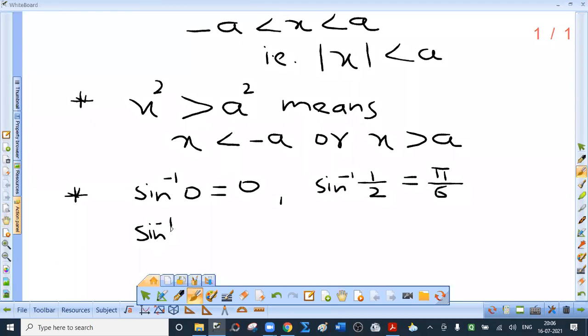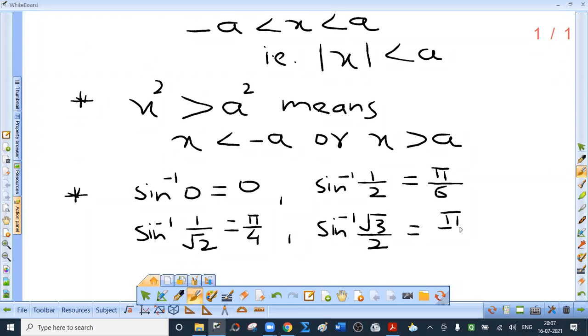What is sine inverse 1 upon root 2? It is the angle whose sine ratio is 1 upon root 2. That angle is pi by 4. What is sine inverse root 3 by 2? Can you tell me the angle whose sine ratio is root 3 by 2? 60 degrees. But don't say 60, say pi by 3 radian.